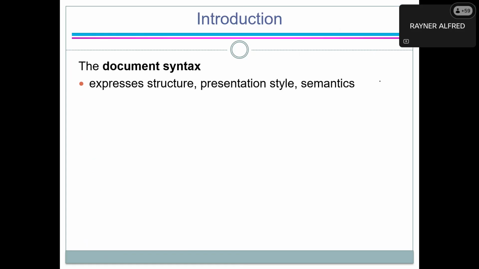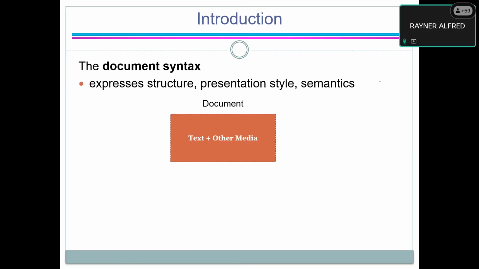So the document syntax refers to the structure, how you set the style for the presentation, and also we look at the meaning of a certain term that we have. For example, this is your document, and inside your document you may have text and other media.